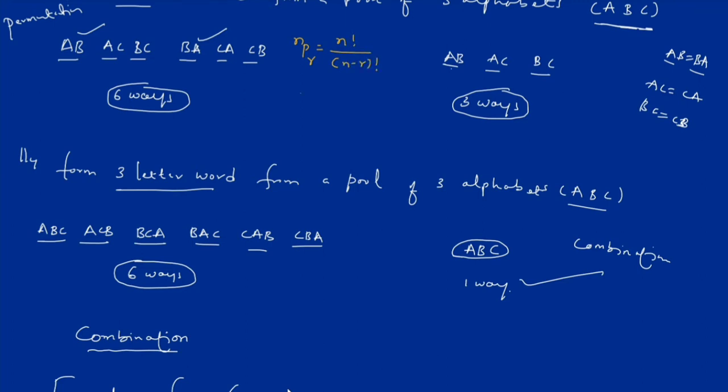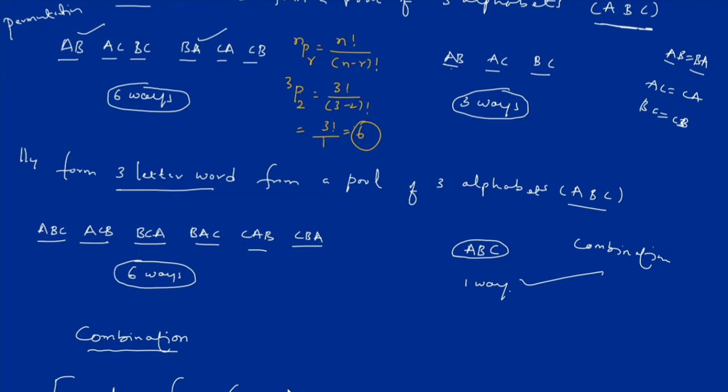Here n means how many alphabets are there: three alphabets. r at a time means two alphabets at a time we are making a word, that is 3P2, which equals 3 factorial upon (3 minus 2) factorial. Therefore it is 3 factorial by 1 factorial, which is 1 only. Therefore 3 factorial is 6. So directly we are getting 6 ways.